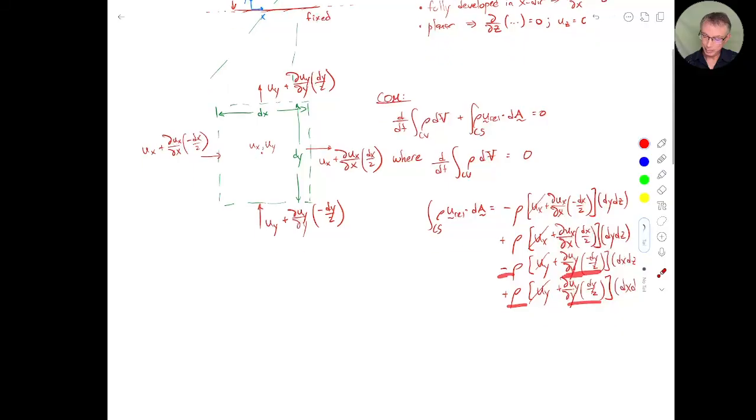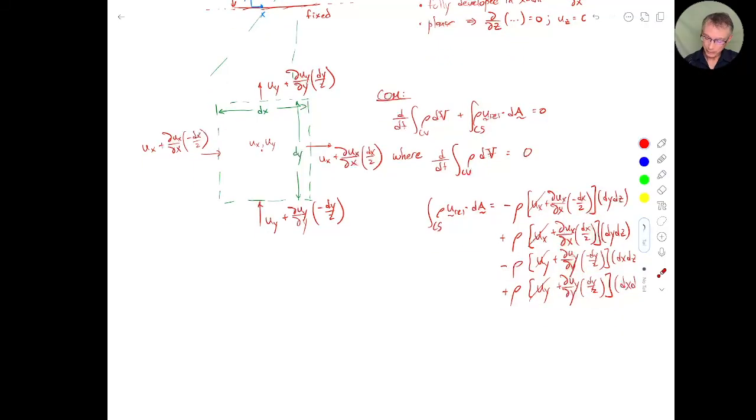So let me go ahead and expand that. So if I write this out, this is going to be a rho dux/dx times dx times dy times dz. And then we're going to have the same sort of thing in the y direction.